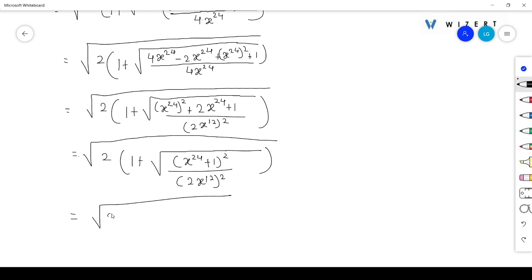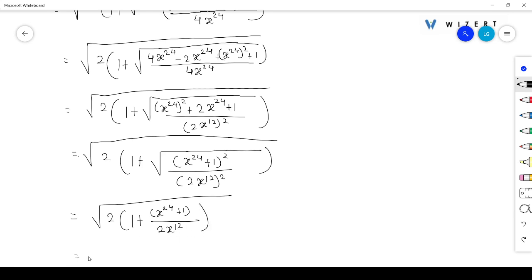So again 2 times 1 plus, if we take a square root, means cancel the square root and square, we get x to the power 24 plus 1 divided by 2 times x to the power 12.